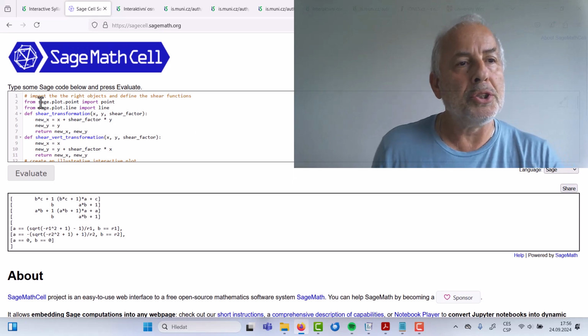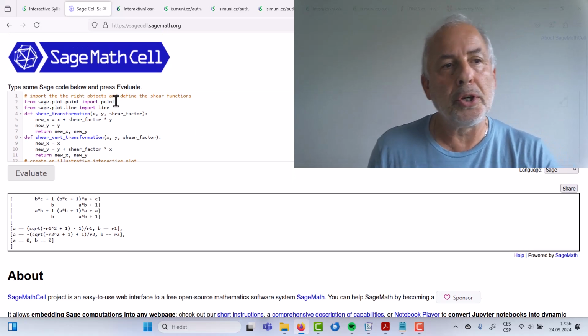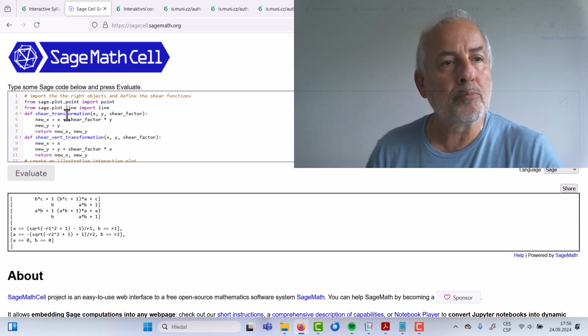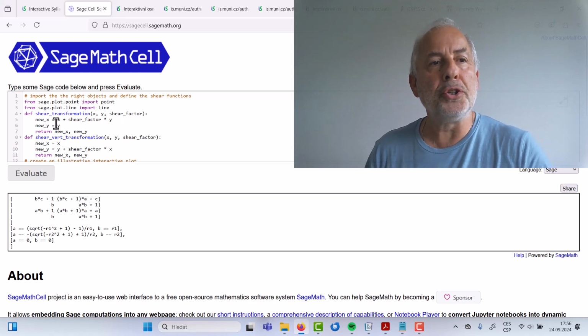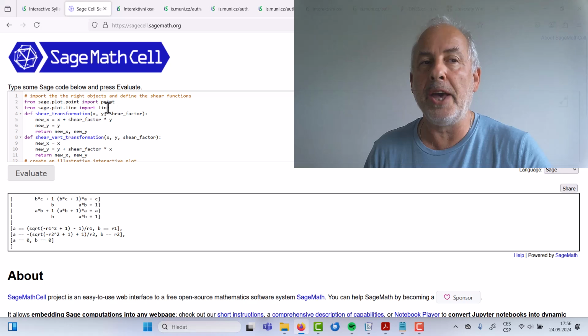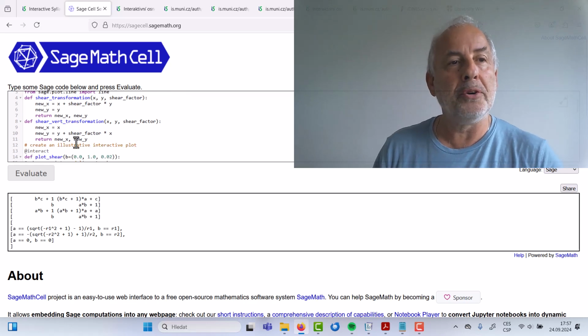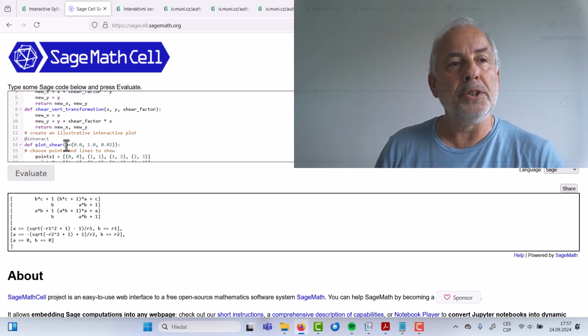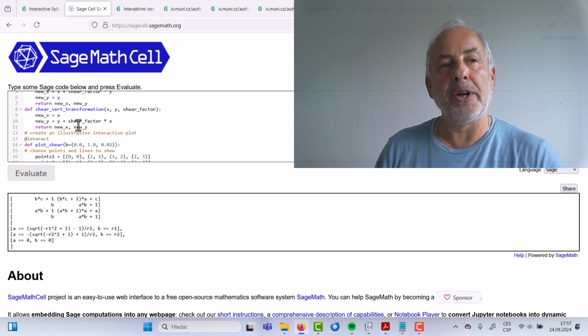So I just import some graphics things and I define the shear transformations, right? So in coordinates x and y, and the shear factor is just the A, which we had there, or B or C. And this is the vertical transformation. So here I add it rather to y than to x.